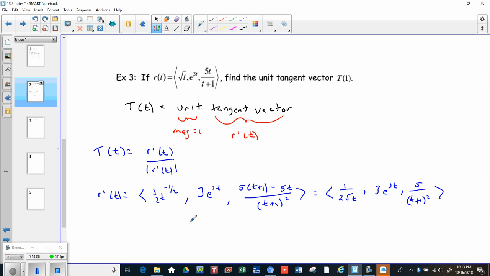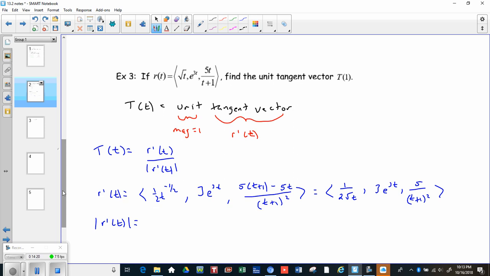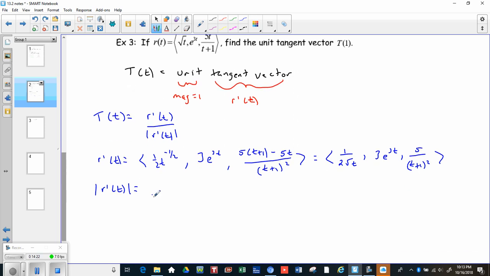That's going to be fun. All right, so we need the magnitude of r prime of t. Remember, the magnitude is squaring each one of these pieces, summing them, and then taking the square root. So the magnitude of this thing is going to be, we need a big square root here, I think. I'm going to square this, which is going to be 1 over 4t, looks like.